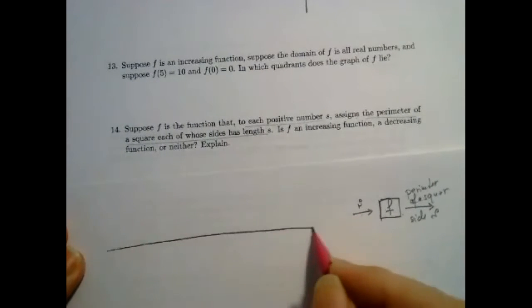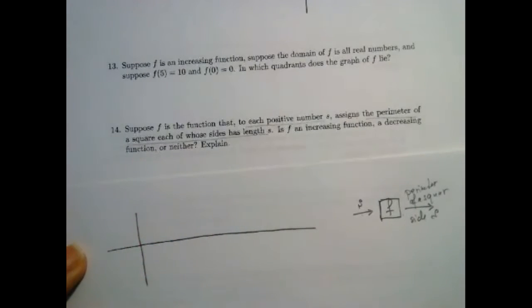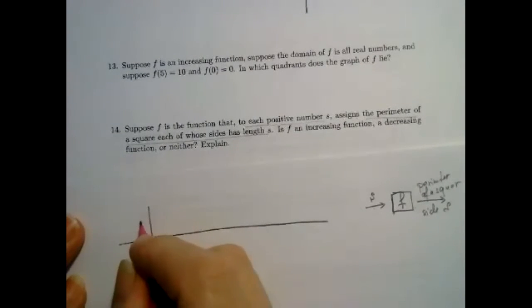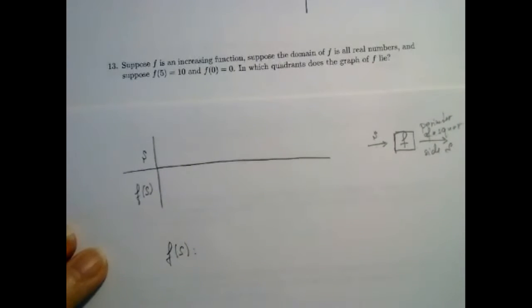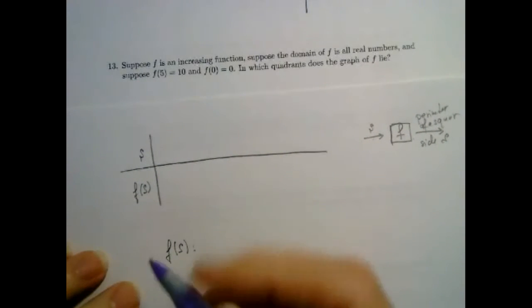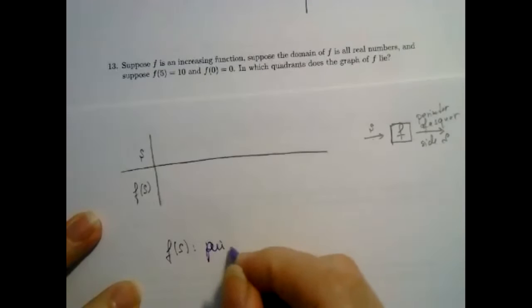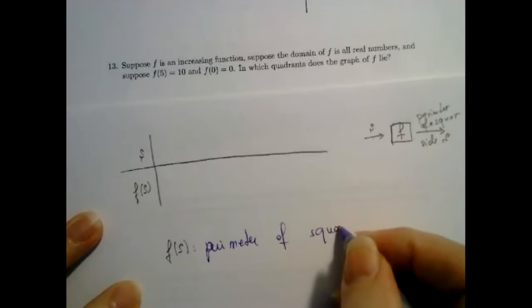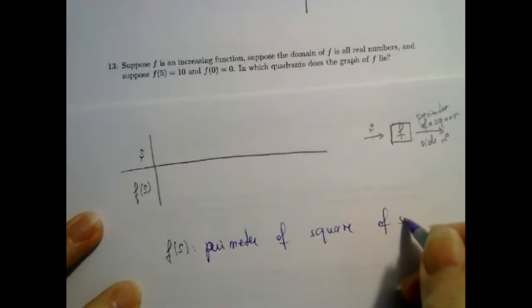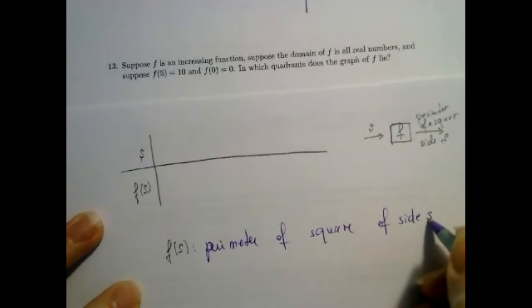So before we fully understand this function, you give it s, a number s, and f of s gives you the perimeter of the square. So f of s in words gives you the perimeter of the square of side s.